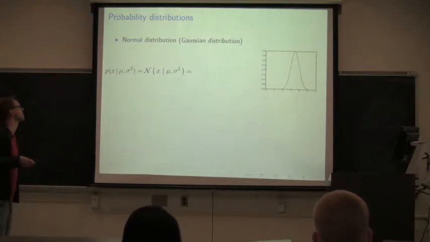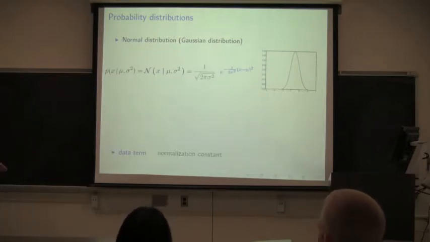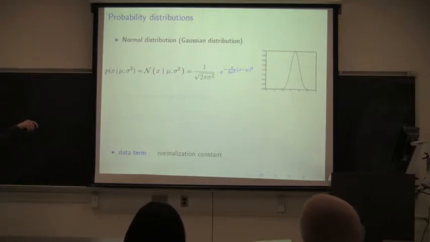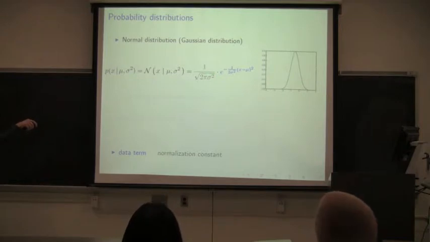Okay, so the normal distribution has a data-dependent term, which is the squared distance to the mean. Because it has to be normalized, the integral over this is equal to the square root of 2 pi sigma squared, so it's normalized now.